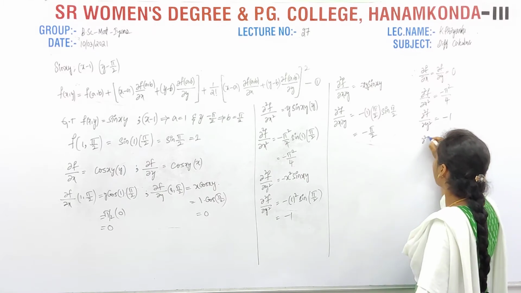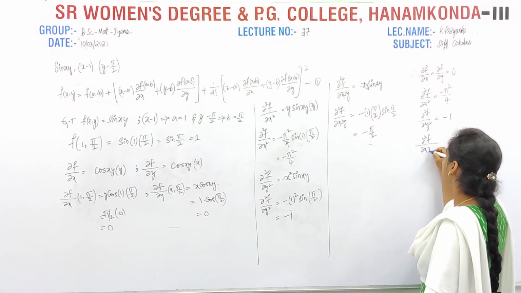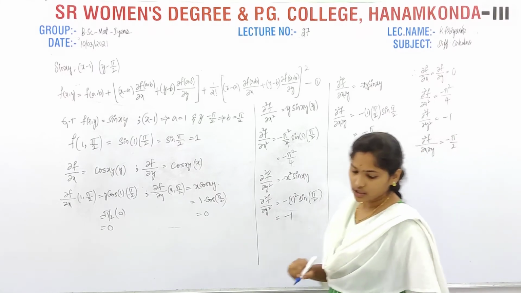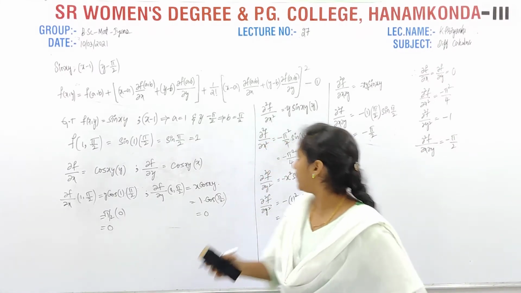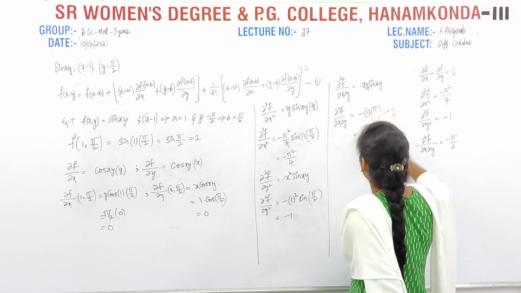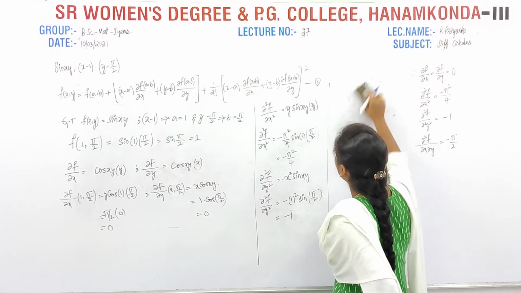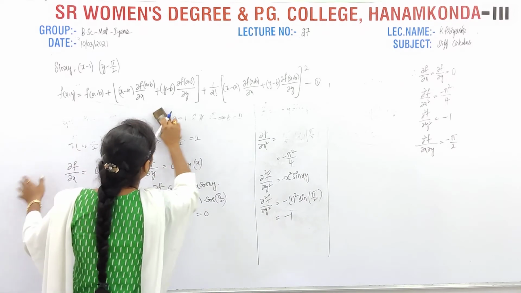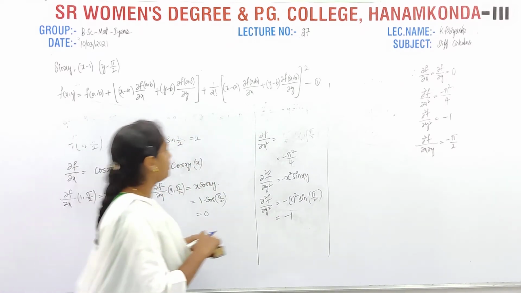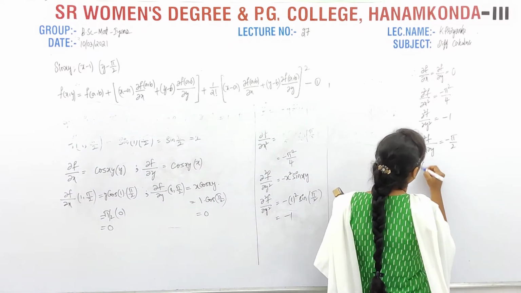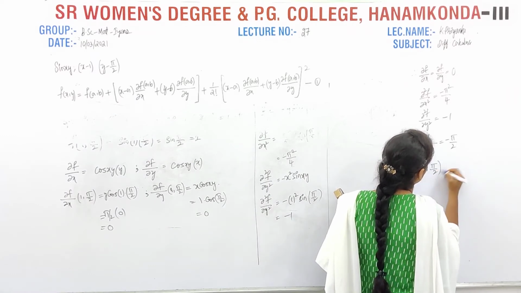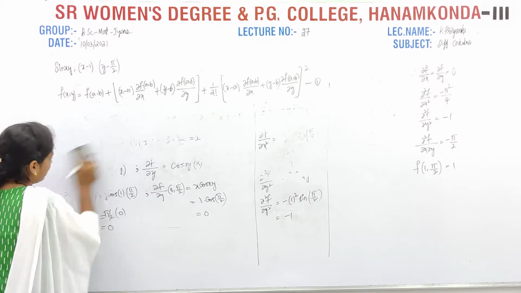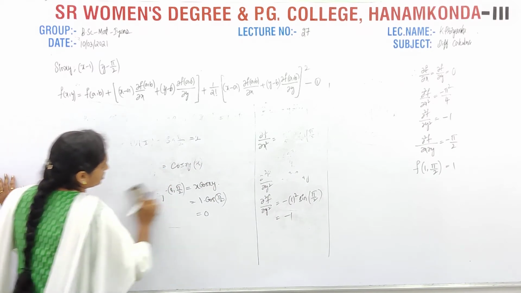Then next ∂²f/∂x∂y equal to minus pi by 2. Clear? So this is nothing but the required values we calculated, and now we have to substitute all this. Okay, and here f(a, b) is also 1. That means f(1, pi by 2) is equal to 1. So we have each and every value to substitute.